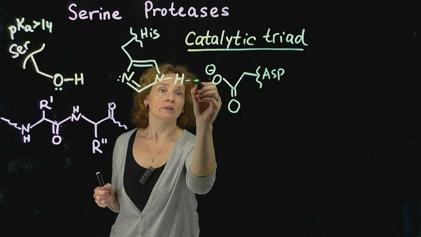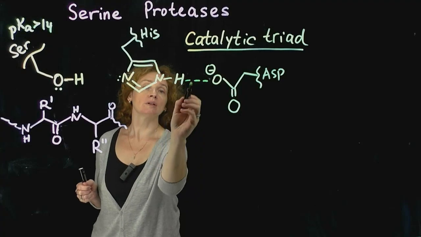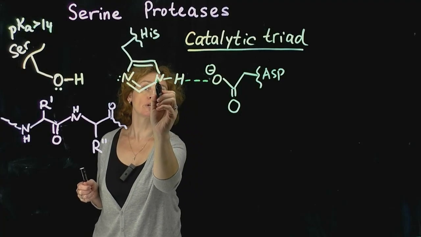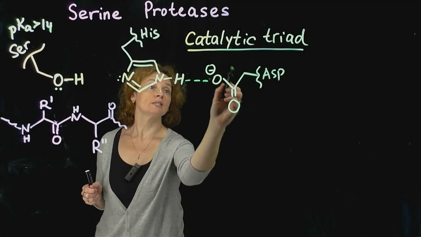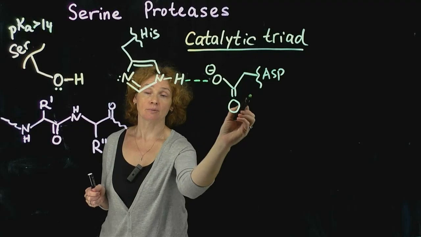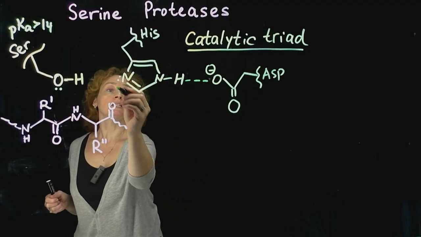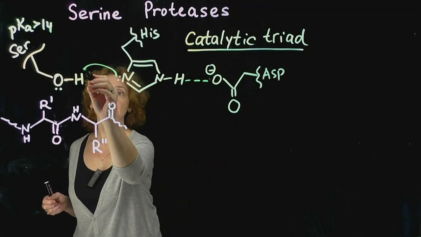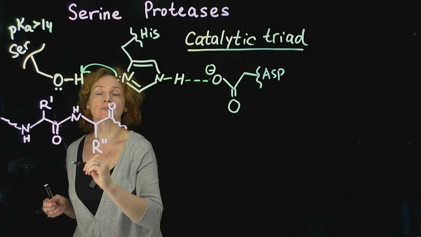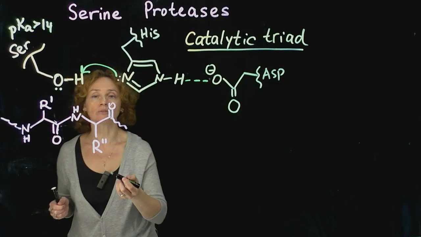So when a hydrogen bond is formed between the hydrogen attached to one of the nitrogen atoms of the imidazole group of histidine and the side chain of a nearby aspartic acid, it increases the basicity of the second nitrogen, and it can abstract this hydrogen, or I mean proton, right?